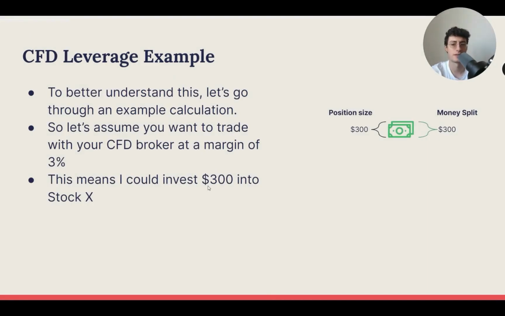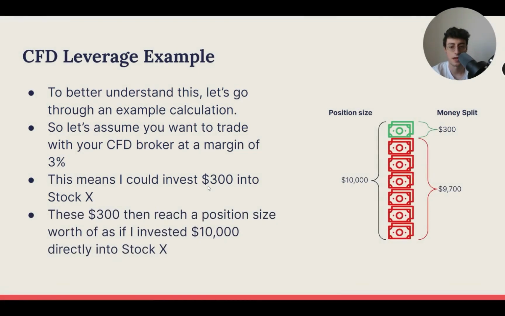To better understand this, let's go through an example calculation. Let's assume you want to trade with your CFD broker at a margin of 3%. This means I could invest $300 into stock X, and these $300 then reach a position size as if I invested $10,000 directly into stock X. So with $300, I reach a $10,000 position size where $300 represents the 3% of the whole position.